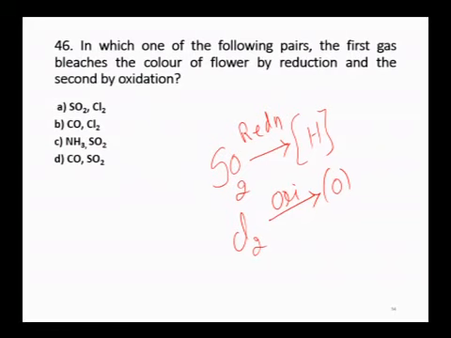So among the following answers, sulfur dioxide bleaches materials by reduction, which is a temporary bleaching agent. Chlorine bleaches materials by oxidation, called a permanent bleaching agent. Hence, the suitable answer among the following is A, SO2 and Cl2.